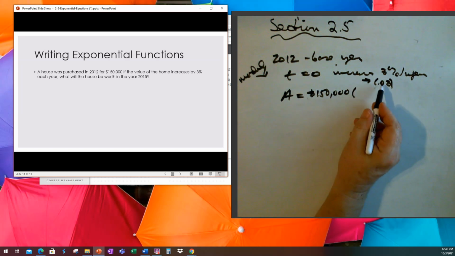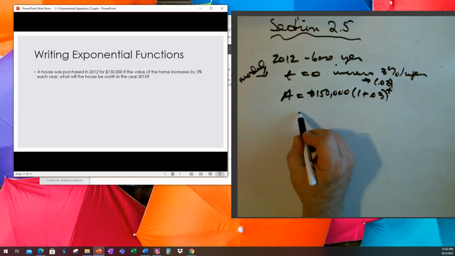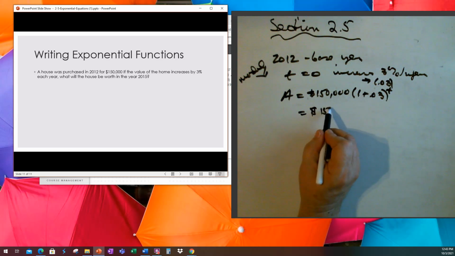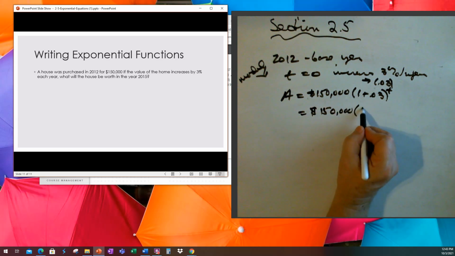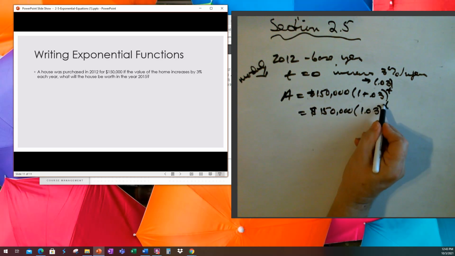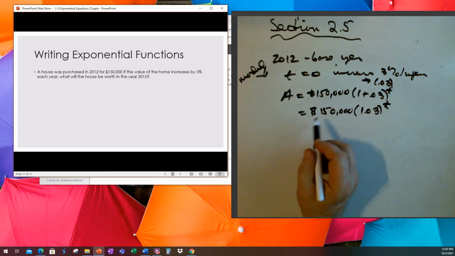So it's 150,000 times 1 plus 0.03 to the t. I like to write this down as combining this 1 plus your rate. And so this is for 2015. What is the house worth?